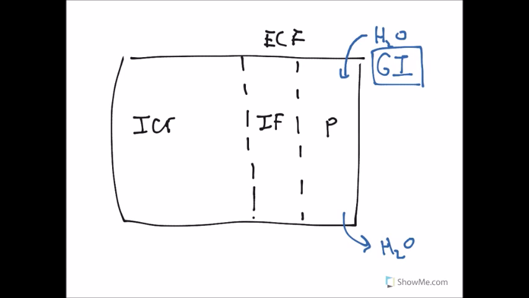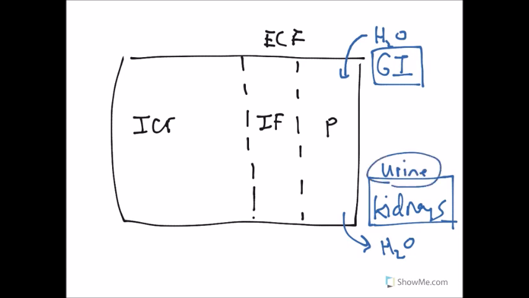So that's how we are adding most of the water in. Most of the water lost is lost by the kidneys, by urine. We are going to urinate most of our water out. Now, there are two other big places where we lose water, and skin is a very big one. Those of you that had me for Anatomy and Physiology 1, we talked about the difference between sensible perspiration and insensible perspiration.